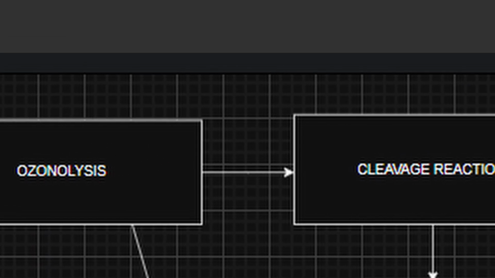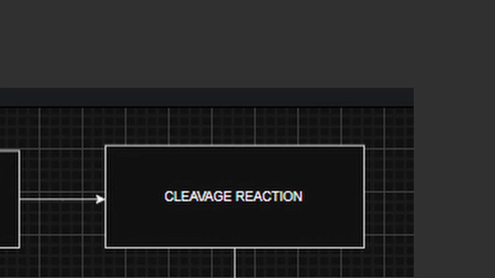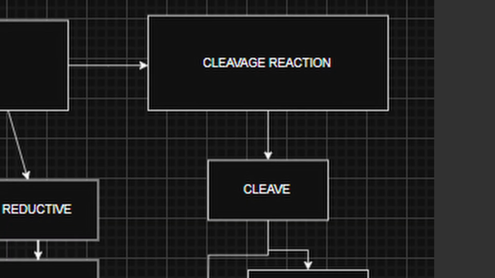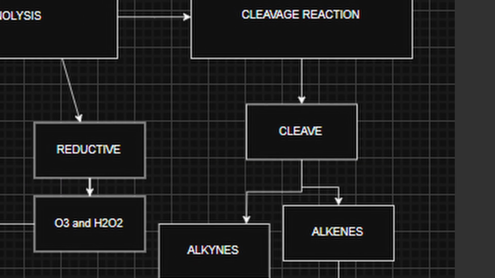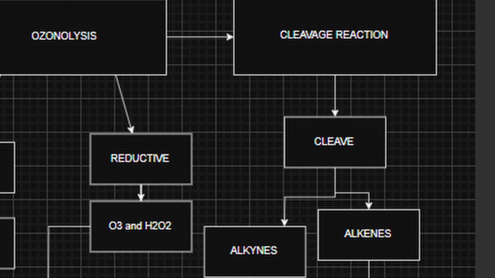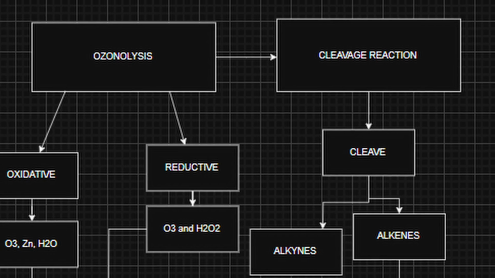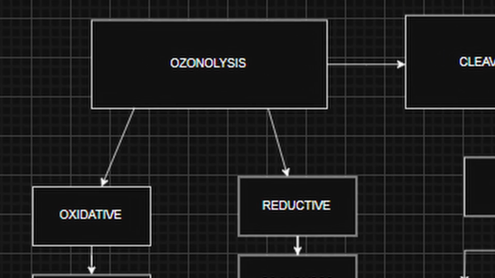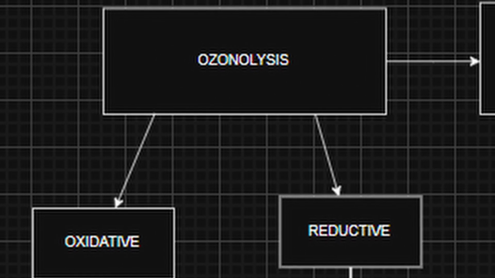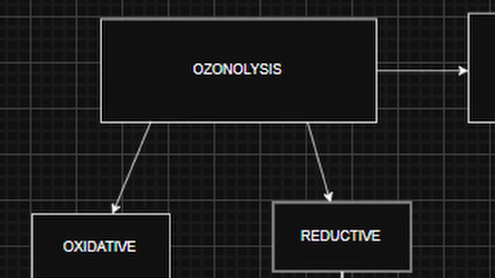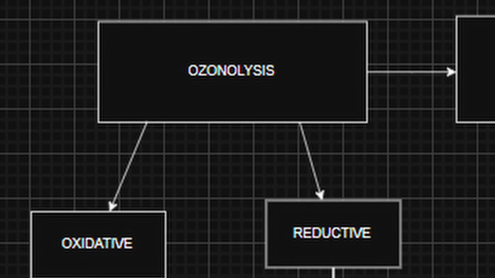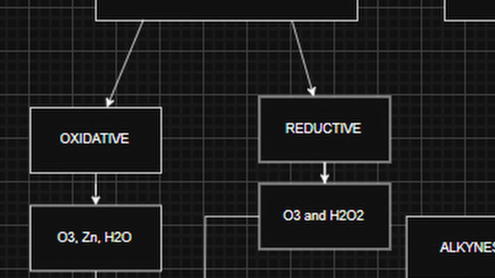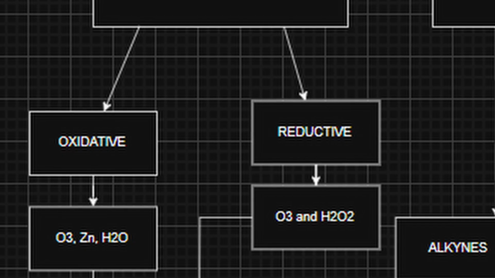Ozonolysis is a cleavage reaction, and it is also used to oxidize alkenes and alkynes. We'll be talking about alkenes this time. Ozonolysis is also of two types: reductive and oxidative. The reagents used for reductive are O3, that is ozone, and zinc with water.